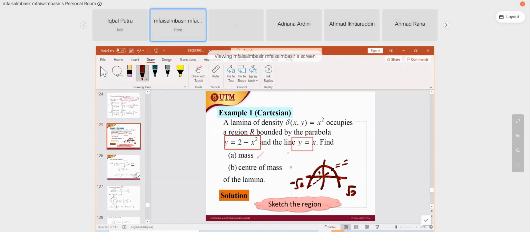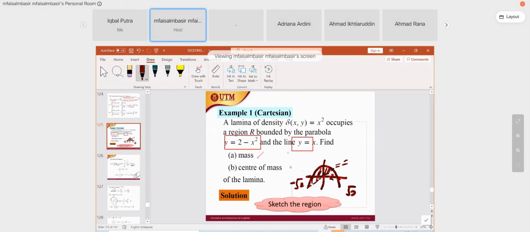R is bounded by the parabola and the line y equals x. Which one do you prefer, here or here? So the region should be here. You don't miss the region.